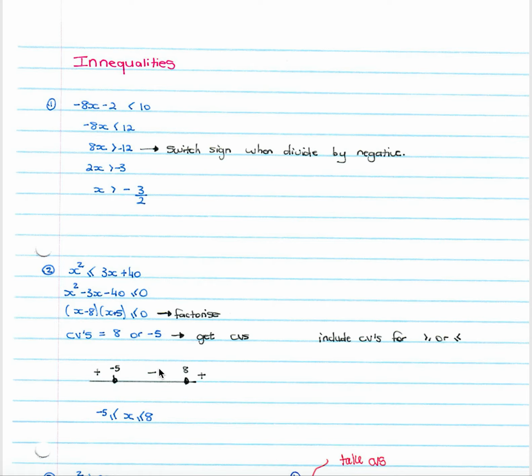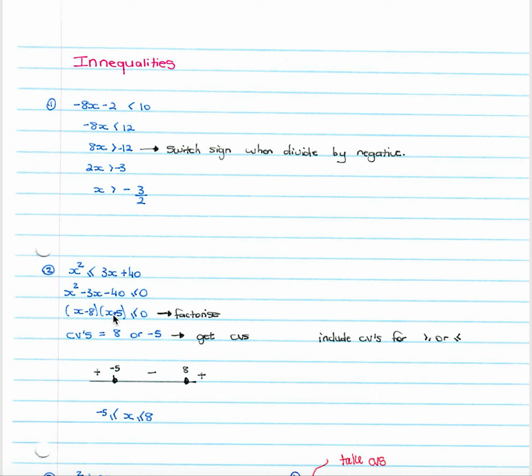So let's use 0 simply because it's easier. 0 squared is 0, minus 3 times 0 is 0, minus 40 is negative. So we put a little negative sign. Number greater than 8, let's use 9. 9 squared is 81, minus 3 times 9 is 27. 81 minus 27 will give you 54, minus 40 is 14. Therefore, over here, we have a positive value, so we put a positive.